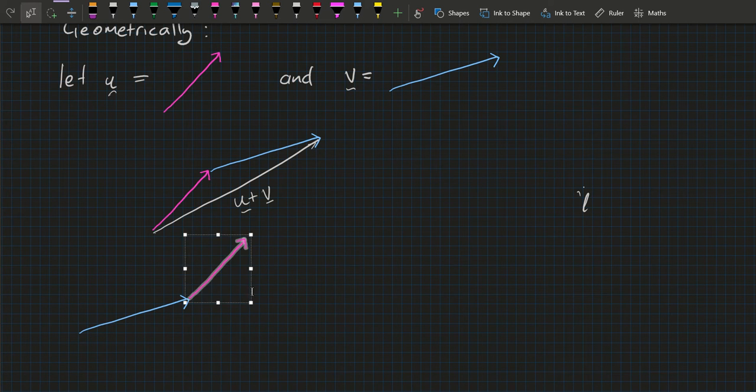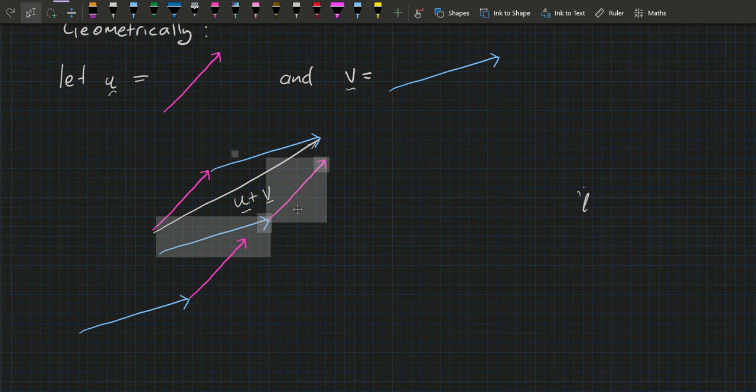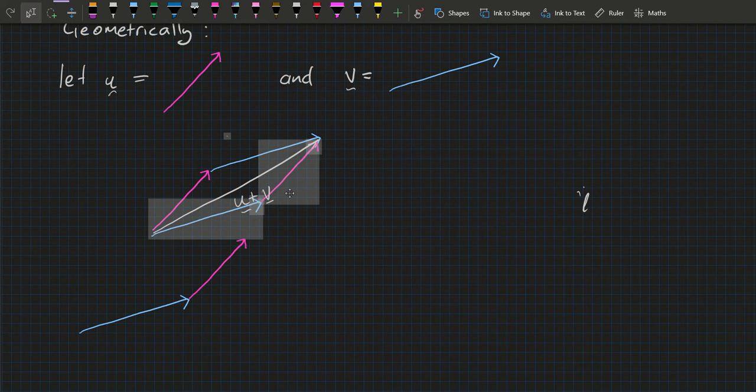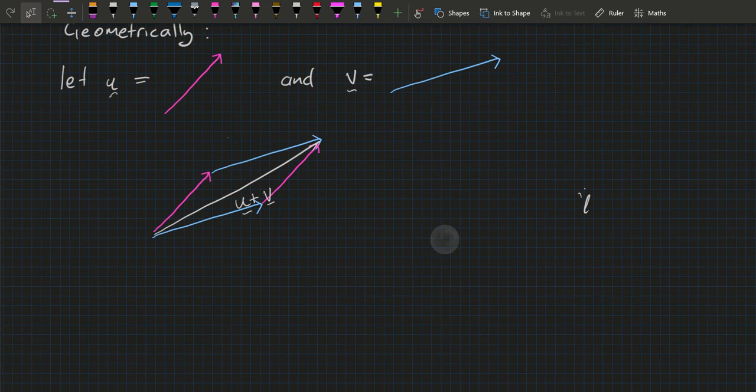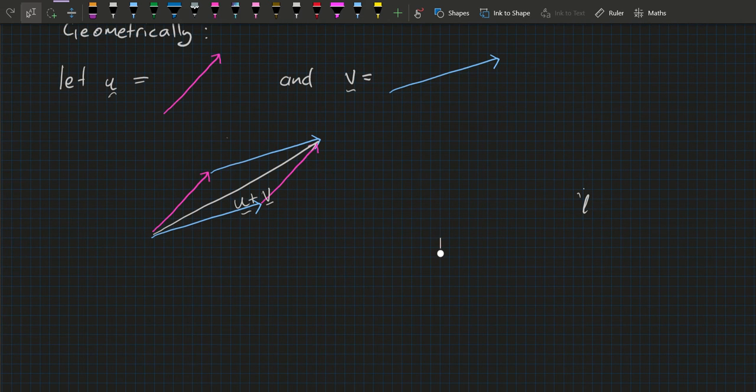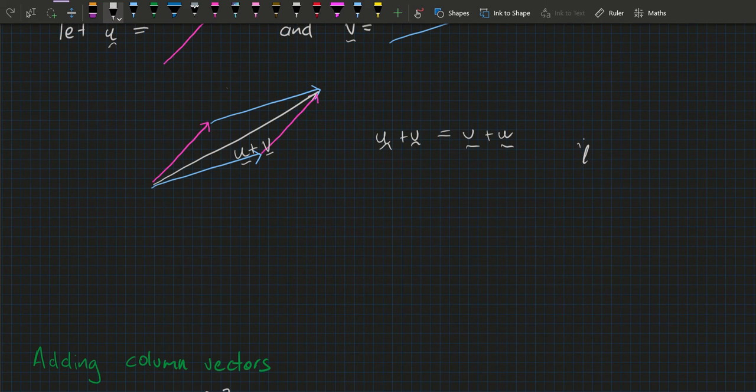And it should be the same as the other one. I can't guarantee you that with my drawing, but it is. Okay, so let me move them together, and sure enough, that should tell you that u plus v is always going to be equal to v plus u. Okay, and let me just get rid of that.